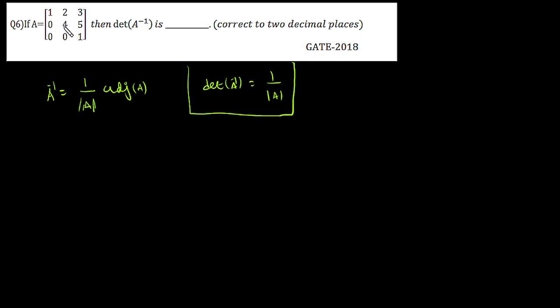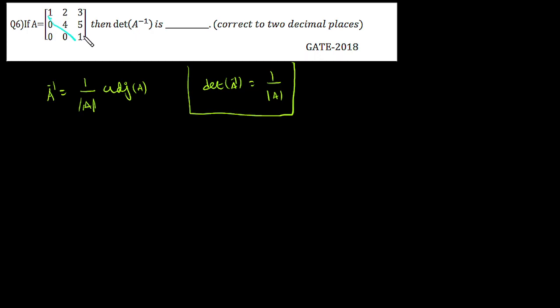And now here you can also look at the matrix A, and you can recall it is nothing but a triangular matrix, because all the entries below this diagonal are 0. You can see these three entries below this diagonal are 0. So we can say it is an upper triangular matrix, and an upper triangular matrix has one important property.